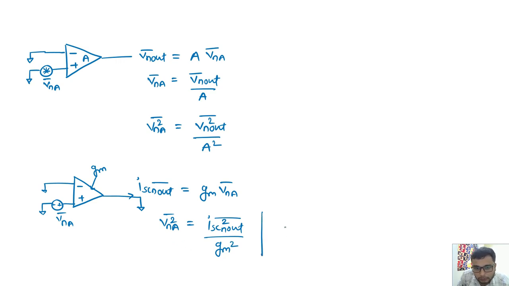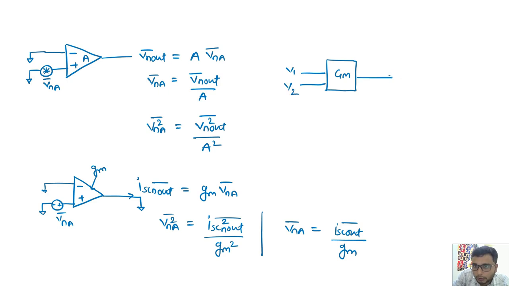And the actual relationship is that the input voltage noise is the output noise current divided by GM. This GM is nothing but any stage's general GM. If there is any gain block and it has GM, with inputs V1, V2, and this is my output current, I out.